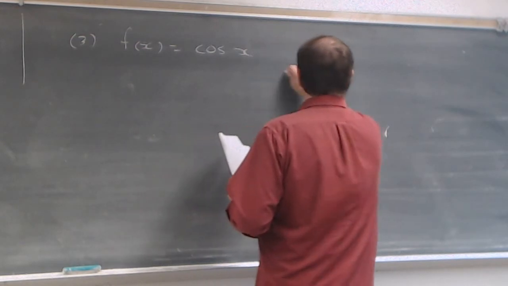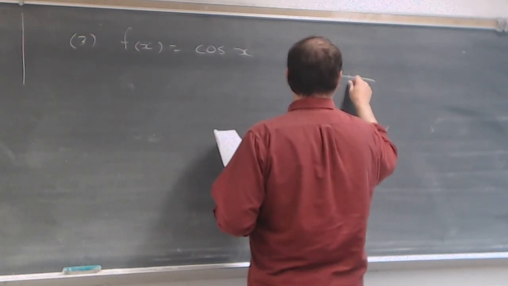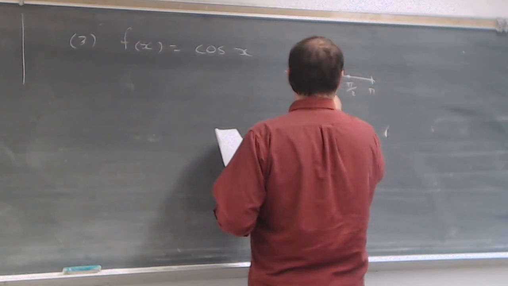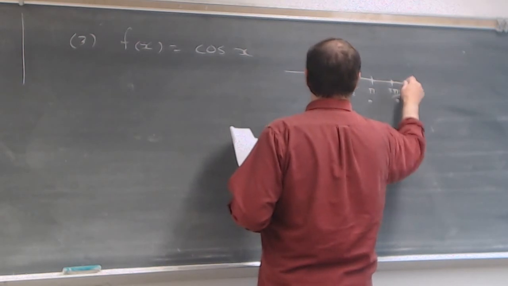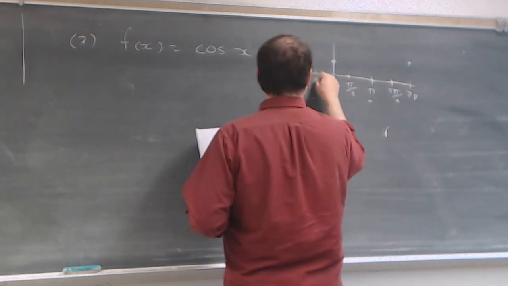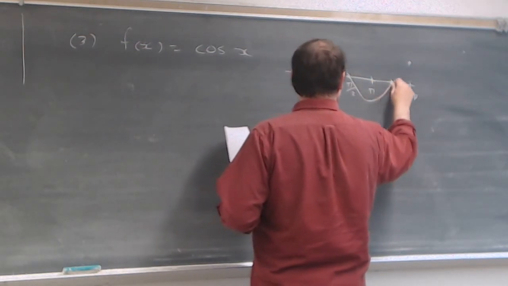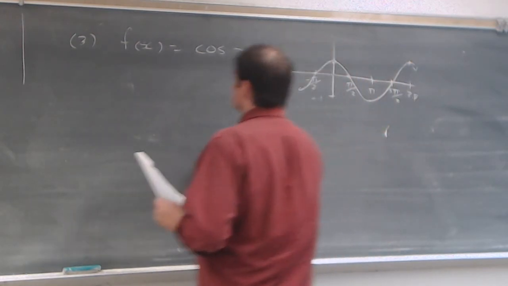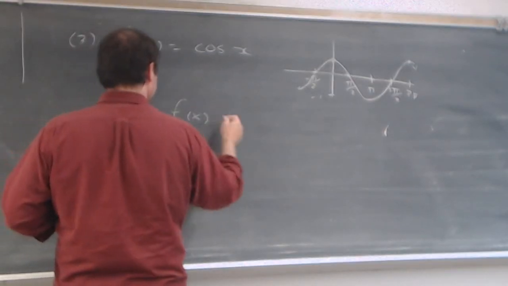Okay, so what does it look like? It looks like this. If you stick in 0, you get out 1. Stick in pi over 2, you get out 0. Stick in pi, you get out minus 1. 3 pi over 2, you get out 0. 2 pi, you get out 1. Of course, it continues this pattern. And so it looks something like this. And this, then, f of x is not monotonic.